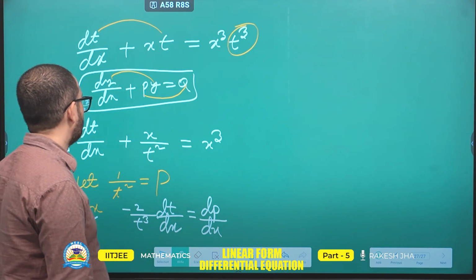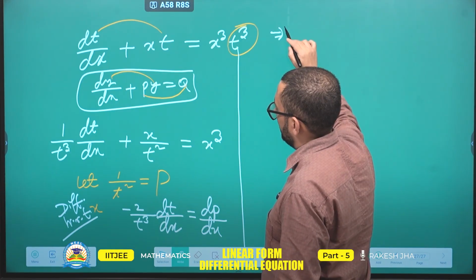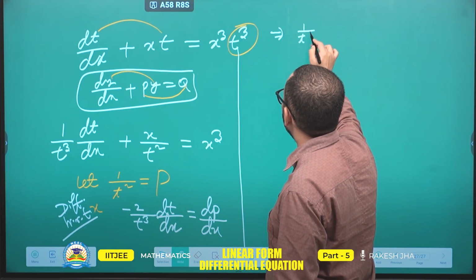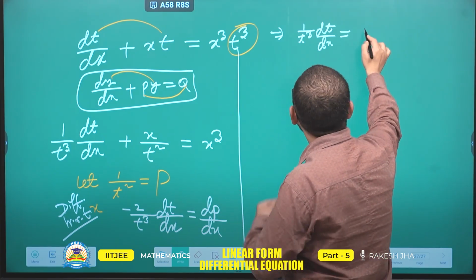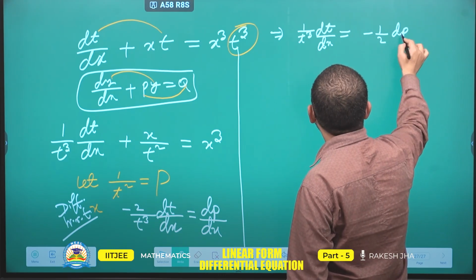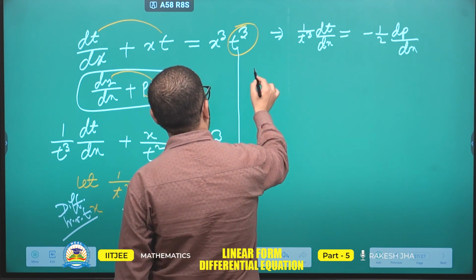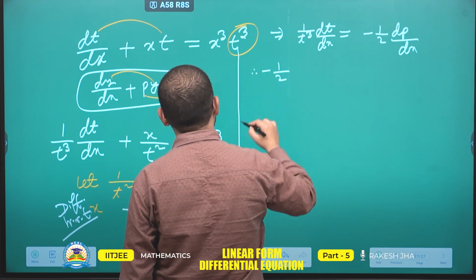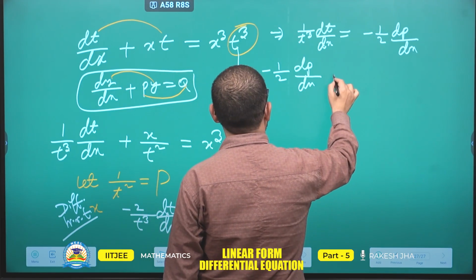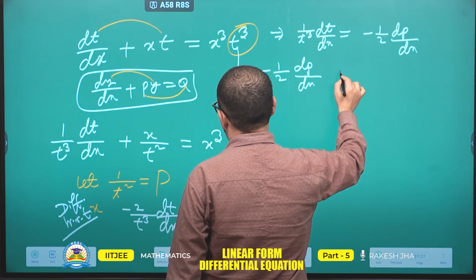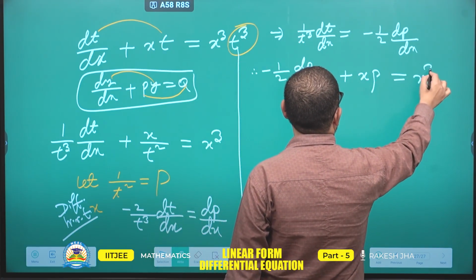So 1 by t cube dt by dx can be written as minus 1/2 dp by dx. So it would be minus half dp by dx plus x times p is equal to x cube.